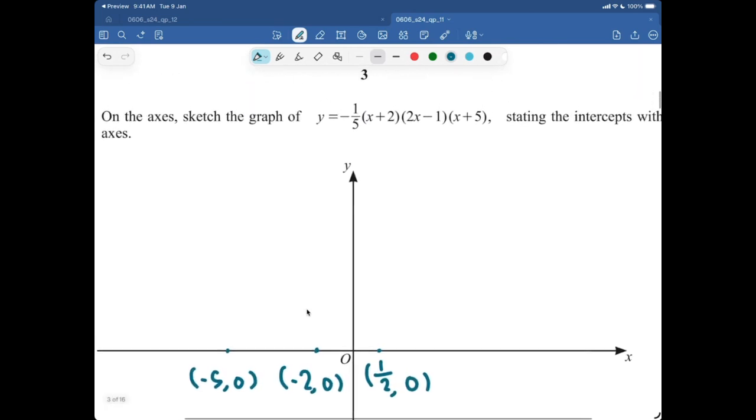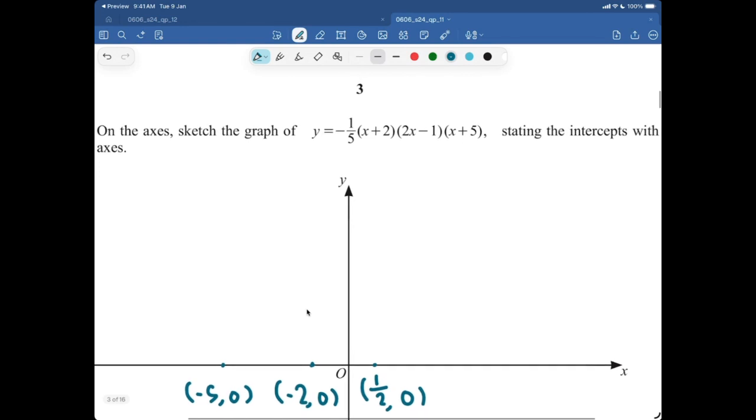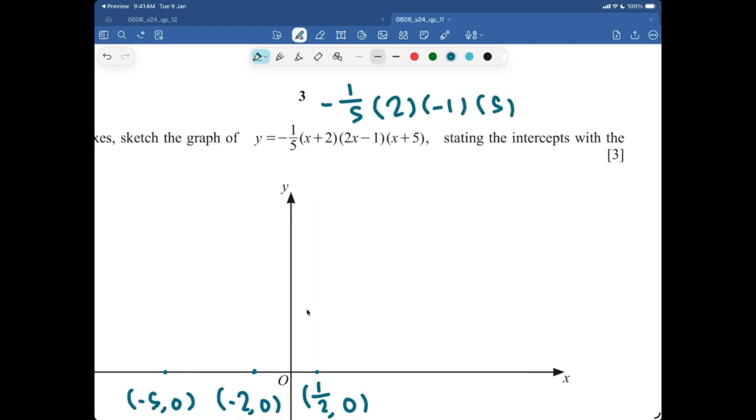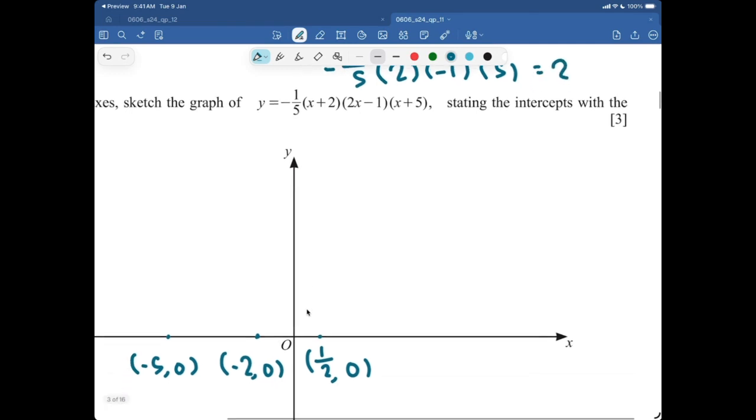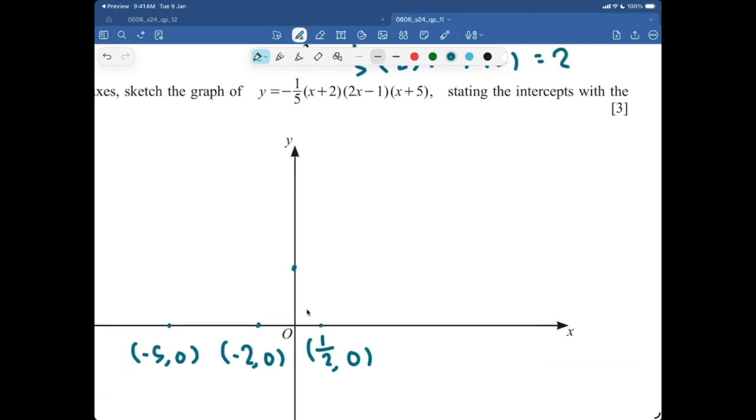Then we could find our y-intercept by substituting x equals 0. So y-intercept is -1/5 times 2 times -1 times 5, which is equal to 2. So let's just say the y-intercept is here.